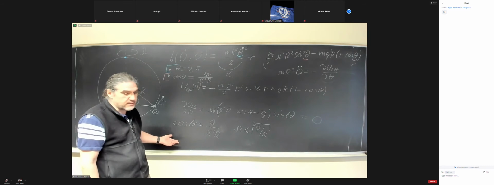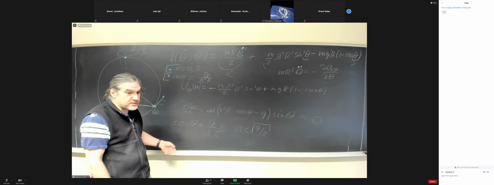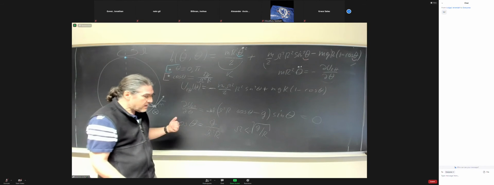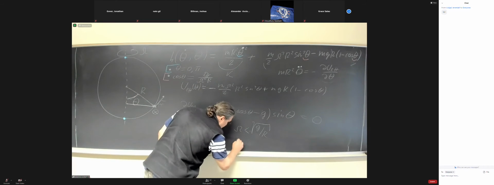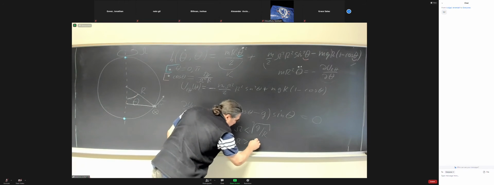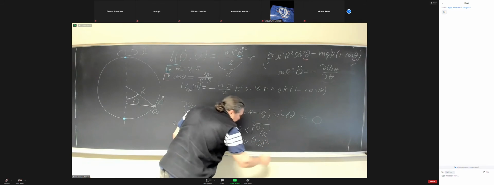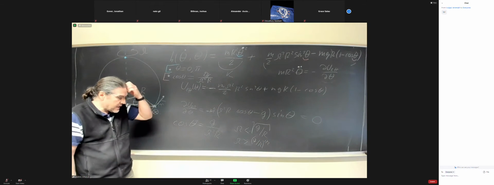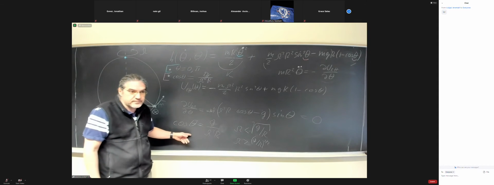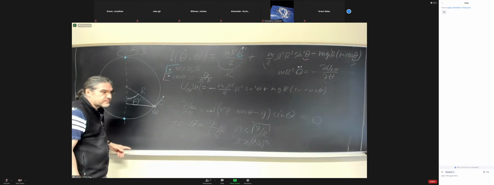Simple like that, and there is no extra point. But if omega is larger than the square root of G divided by R, well, then it does have a solution.